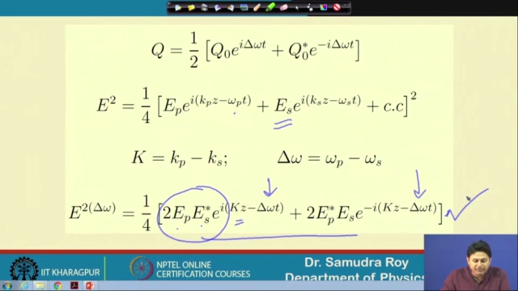E square may have different frequencies, but we take only those terms with frequency component delta omega, because this is the source term for the molecule that is going to vibrate at the frequency delta omega.